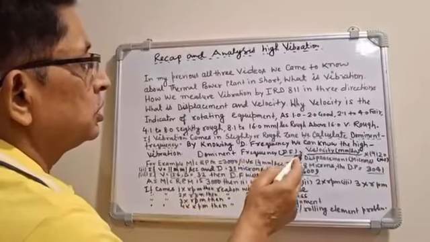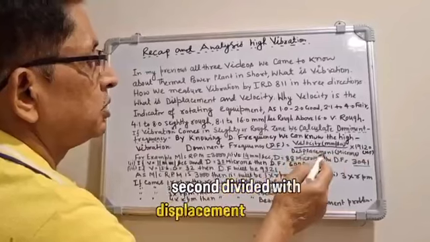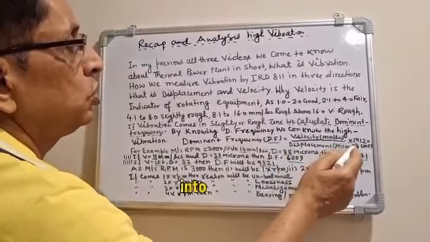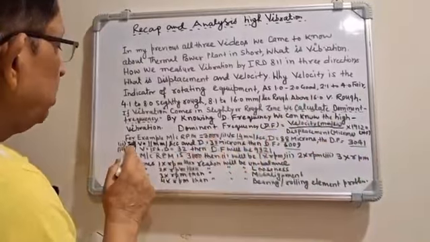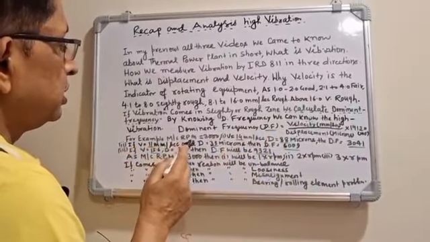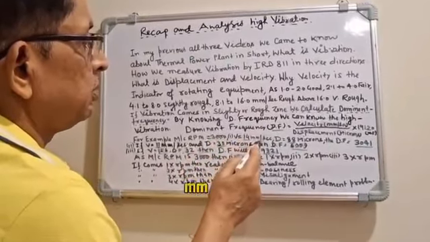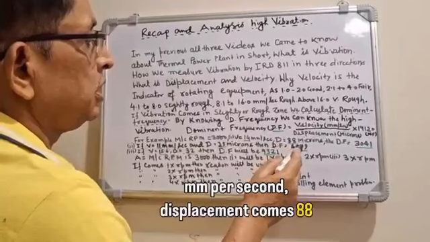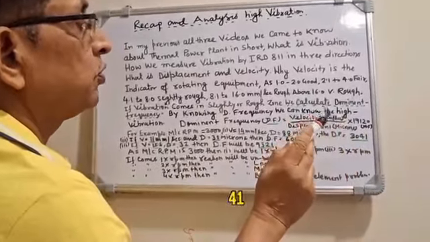Dominant frequency is equal to velocity, that will be mm per second, divided by displacement in microns, into 19,120, that is the multiplying factor. For example, machine running at 3000 RPM and velocity comes 14 mm per second, displacement comes 88 microns, then dominant frequency will be 3041.